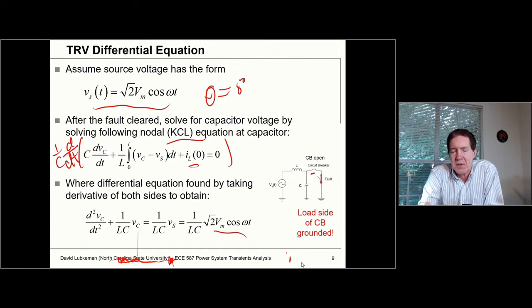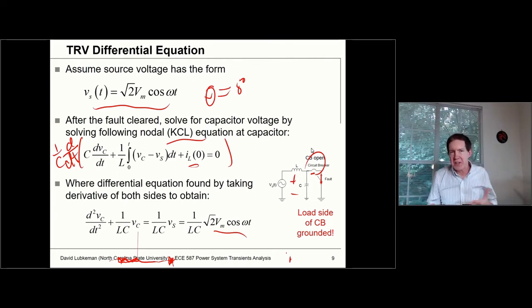This is why I'm concerned about insulation breakdown, because if this value of VC is high, that's going to cause stress across that circuit breaker. We're not directly calculating the voltage across the circuit breaker. It's assumed to be the same as the capacitor voltage.